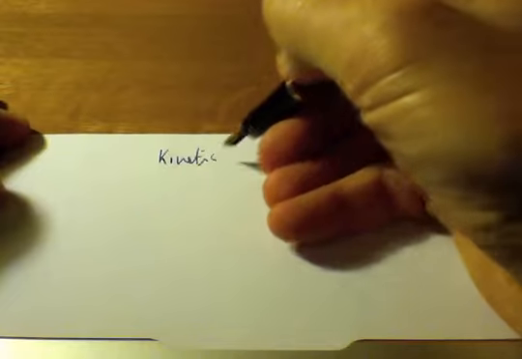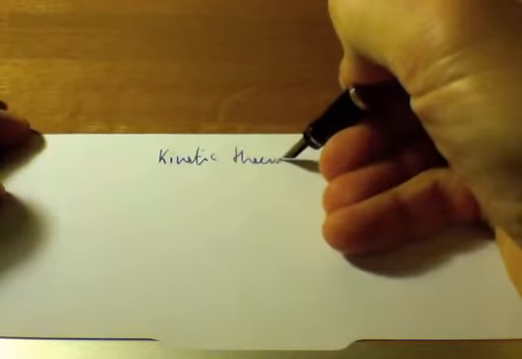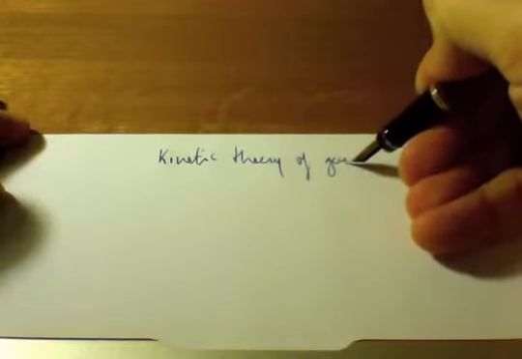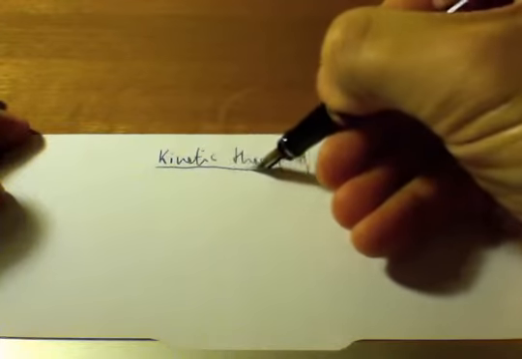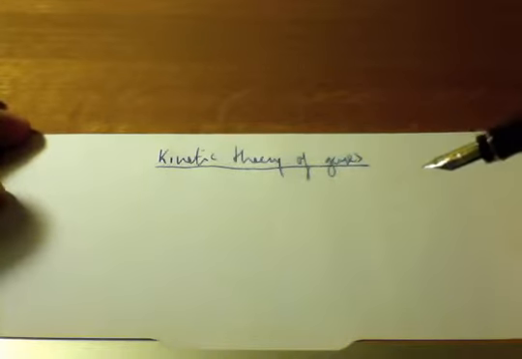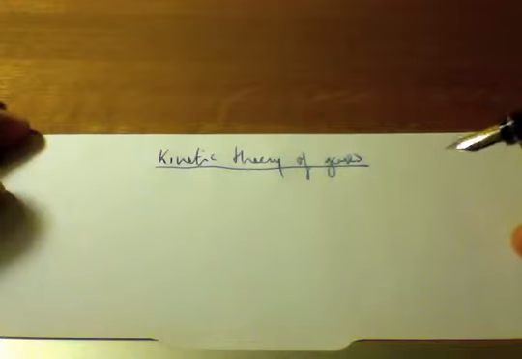Okay, this lesson will be looking at the kinetic theory of gases, and it would be useful if you'd had a look at gas laws prior to this lesson, and also the ideal gas equation.